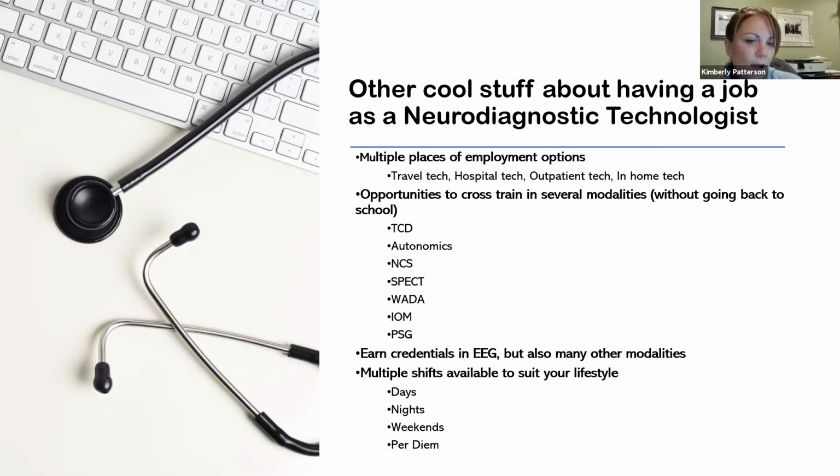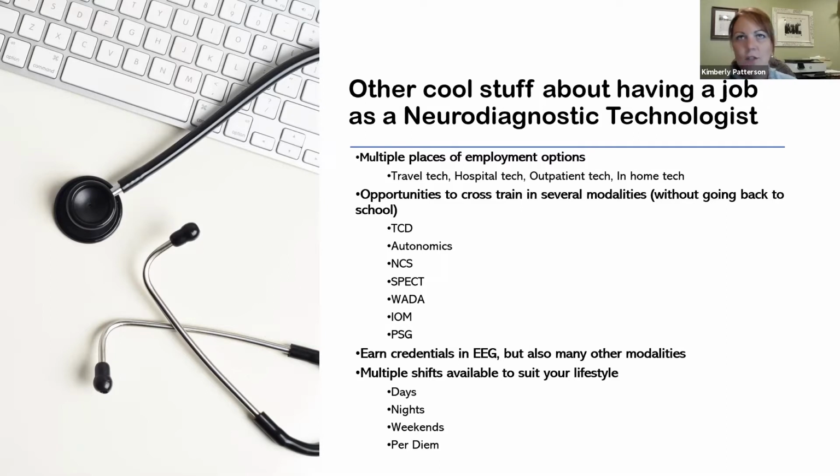We have opportunities to cross-train in several modalities. And I put in parentheses, without going back to school, because we basically start at EEG. So EEG is home base. You master that skill, you get credentialed in that. And then when you go to work, your place of employment will very likely offer several other modalities that you are now qualified to also do.